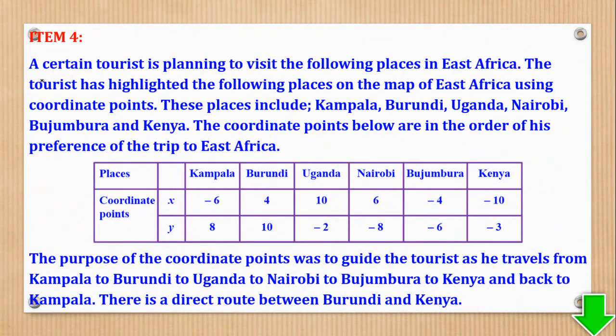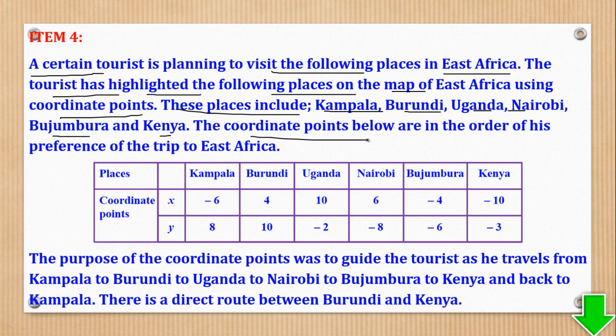Then item 4 says, a certain tourist is planning to visit the following places in East Africa. The tourist has highlighted the following places on the map of East Africa using coordinate points. These places include Kampala, Burundi, Uganda, Nairobi, Bujumbura, and Kenya.